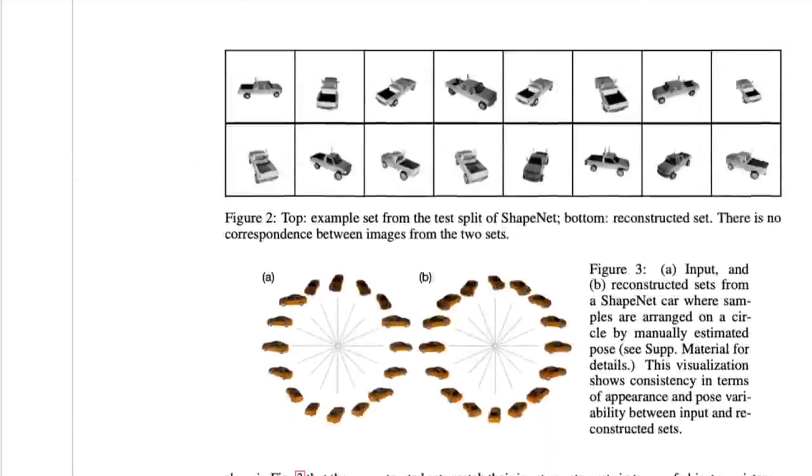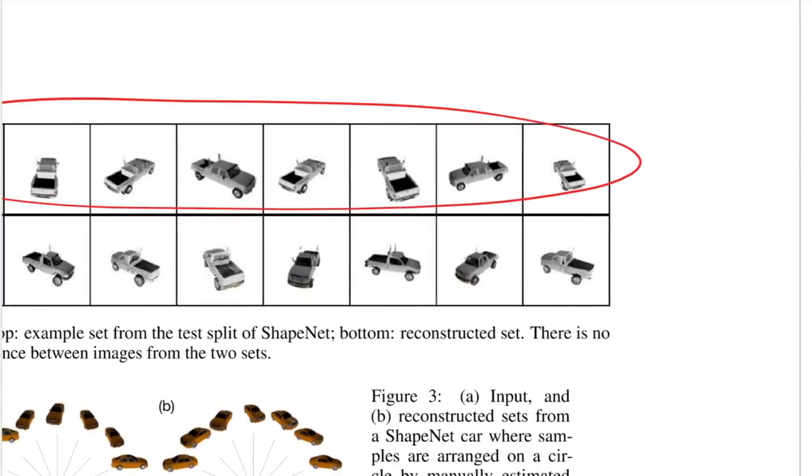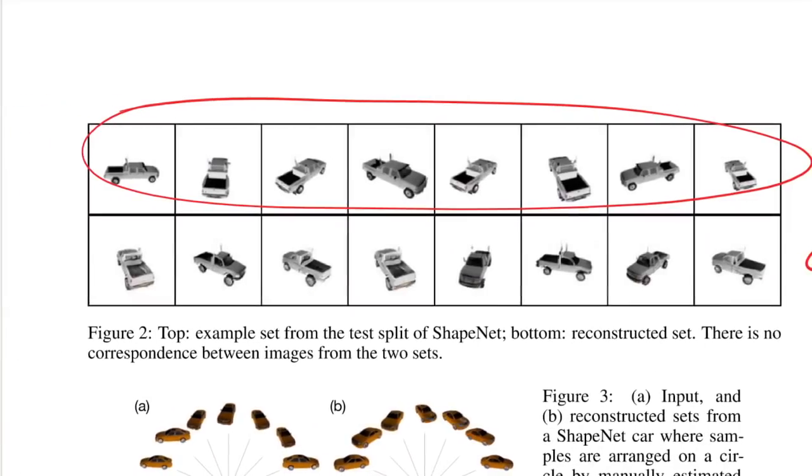So what does this do? As we already saw, here on top you have a set, and you feed that through the encoder. That gives you a z identity, and then you feed that to the generator, and you can ask it to produce any amount of images you like. They just chose to produce the same amount.